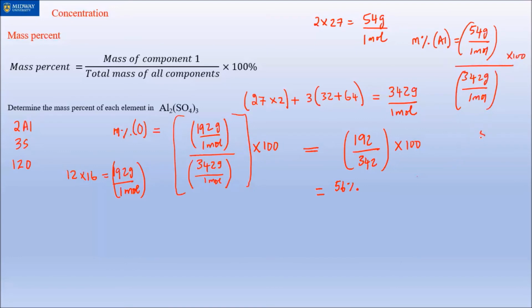That is essentially the same as 54 divided by 342 times 100, which is 15.7, roughly about 16%.